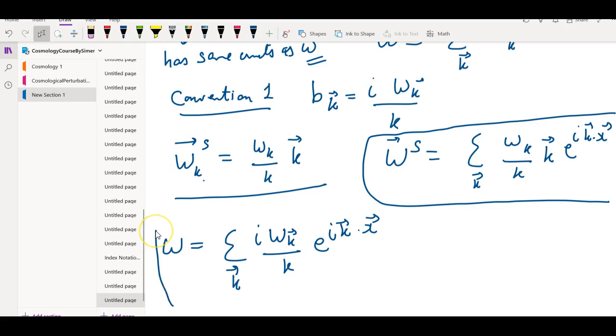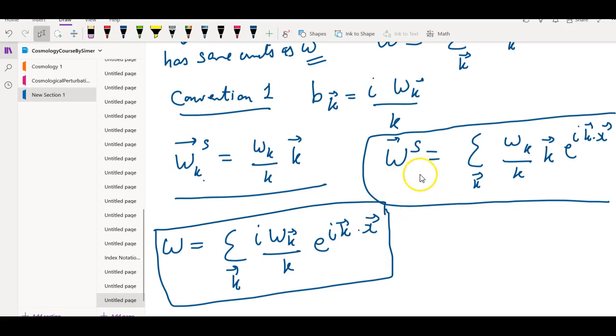So this is convention 1. WS is given by this and W is given by this.